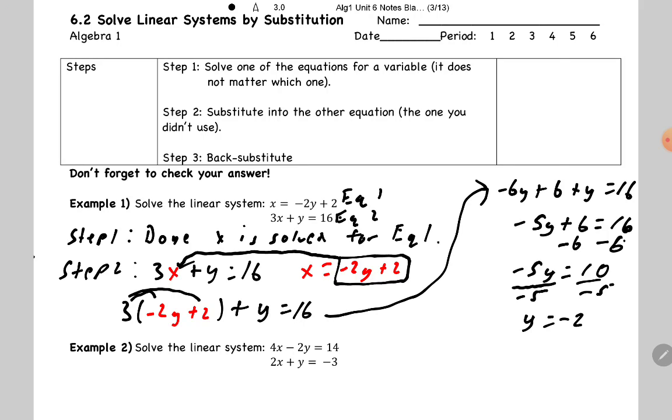So now, step 3. Back substitute. Back in equation 1, we have x equals negative 2y plus 2. I'm going to plug this y into there.